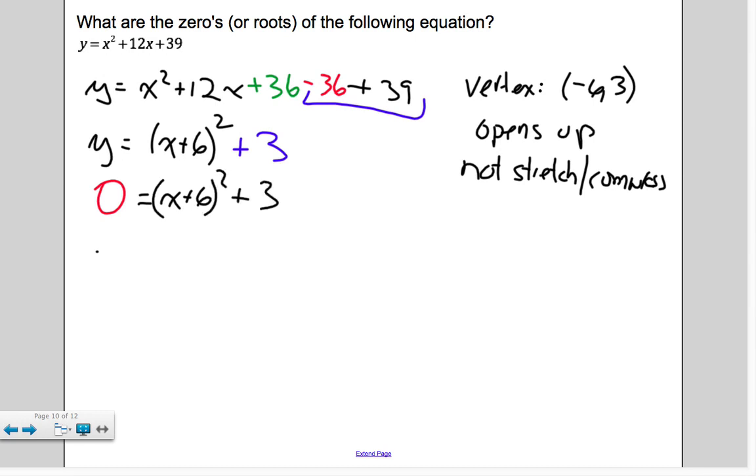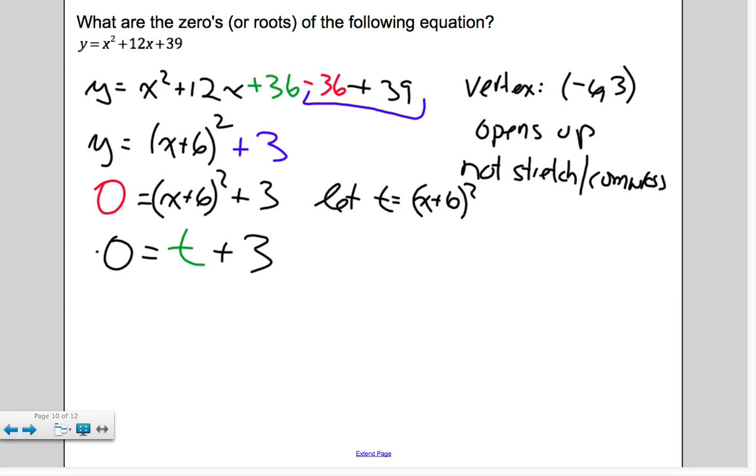So we're going to substitute let t is equal to x plus 6 quantity squared. So here we will have 0 is equal to t plus 3. Okay? So now we just want to solve for t.